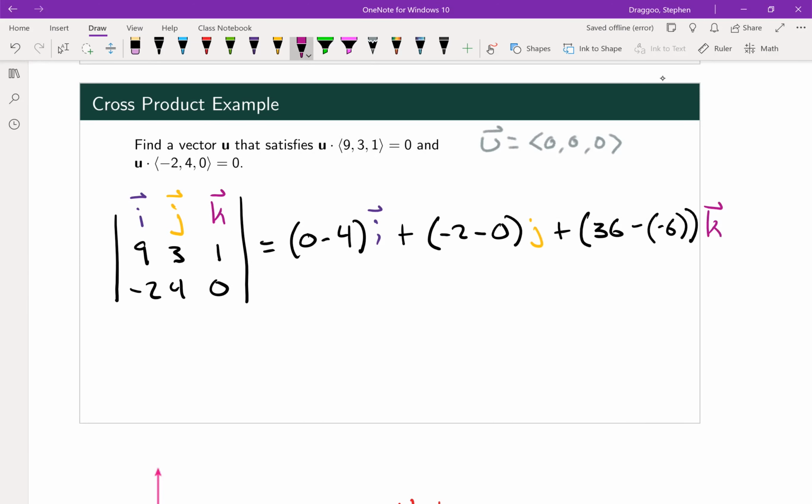And that's k. Also, let's put the hat on j before we forget.